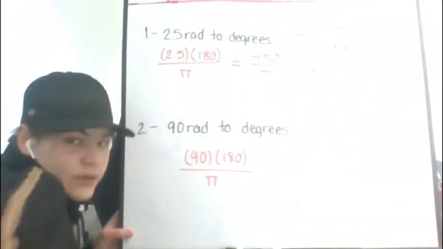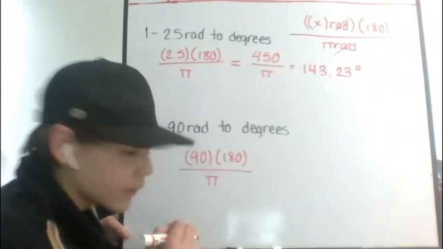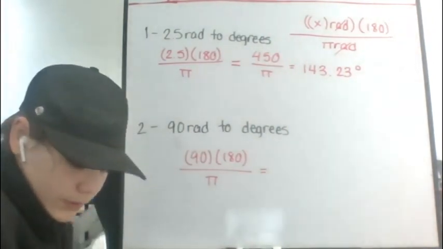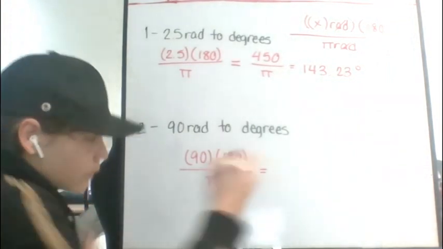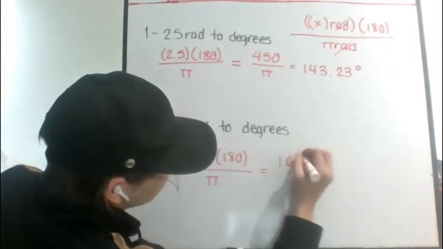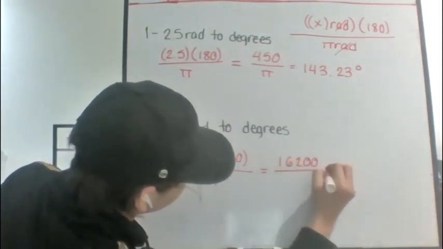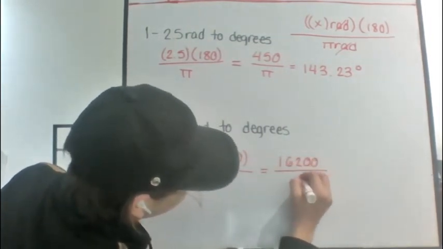And let's see the next one. Oh, sorry. Okay, there you can see it. It will be 90 by 180. In this case, it will be 16,200 over pi.